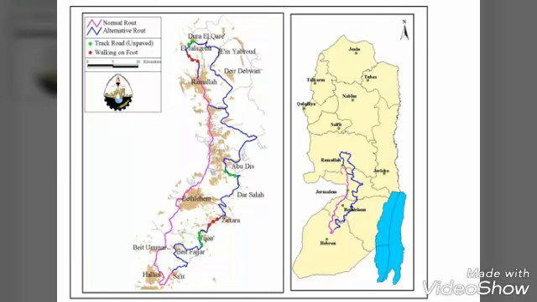This important picture shows the normal straight route for Wadi Nur, whereas the alternative tortuous route is presented by a map view.